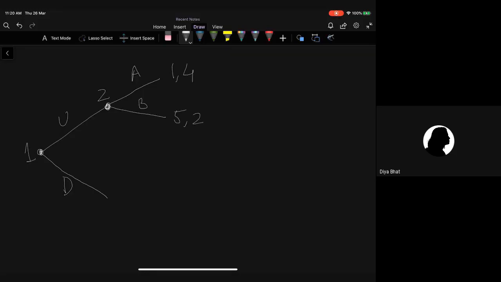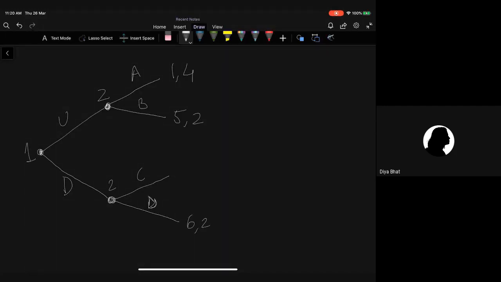If one chooses down, two moves again, and two has actions C and D. If 2 chooses D, then the game ends. Payoffs are 6, 2.